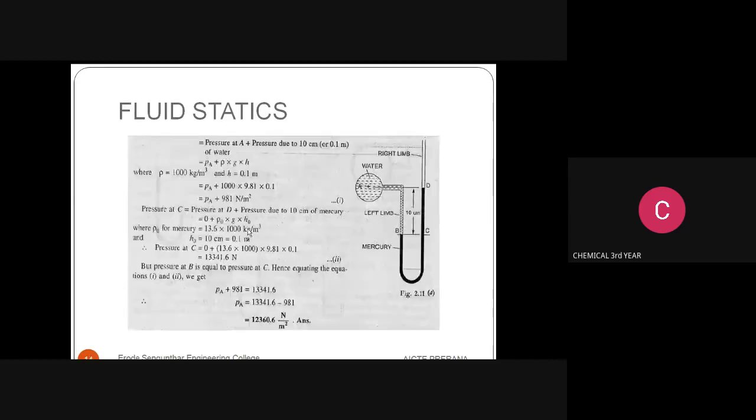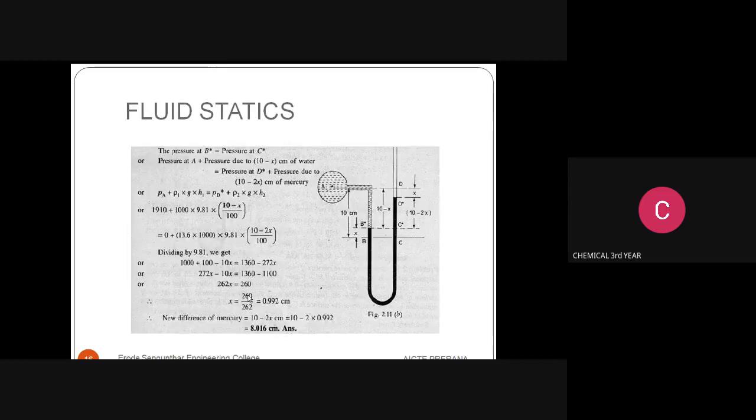Right. So in this case, the pressure at A is 9,810 Newton per meter square, which is less than the earlier pressure at A. So you can say the rise of the mercury in the left limb will be equal to the fall of the mercury in the right limb, since the total volume remains the same. So take x as the rise of the mercury in the left limb, and the fall of the mercury in the right limb is also x centimeter.